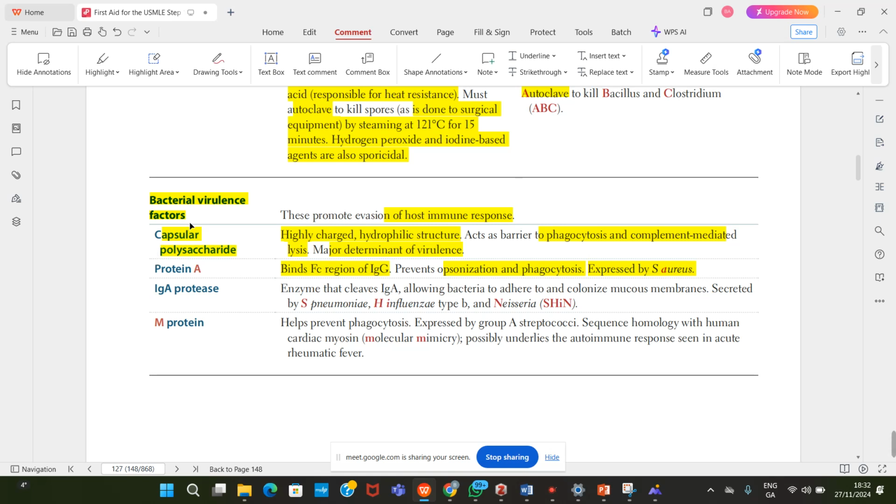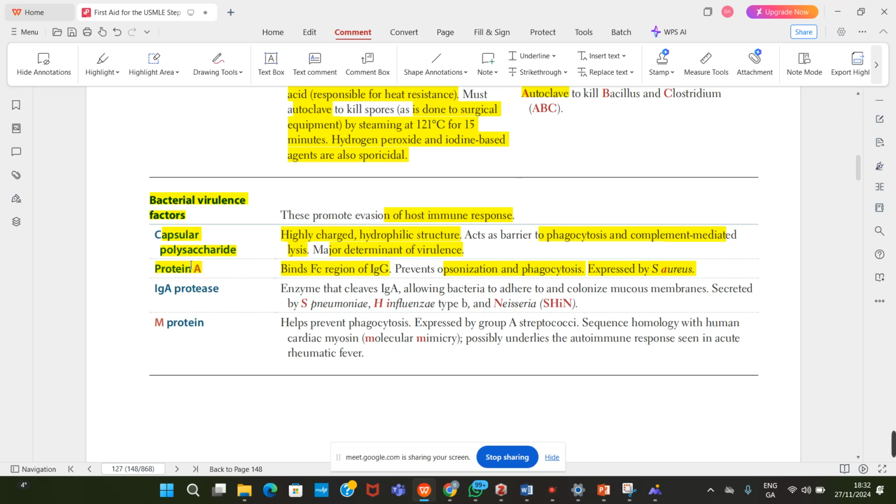Any organism that is not encapsulated has a very high risk of getting eradicated by phagocytosis or complement-mediated lysis. So moving on to the next virulence factor that bacteria have.